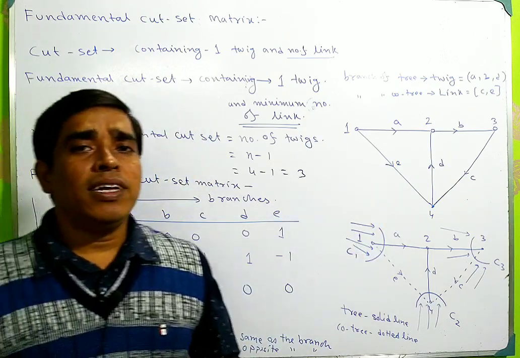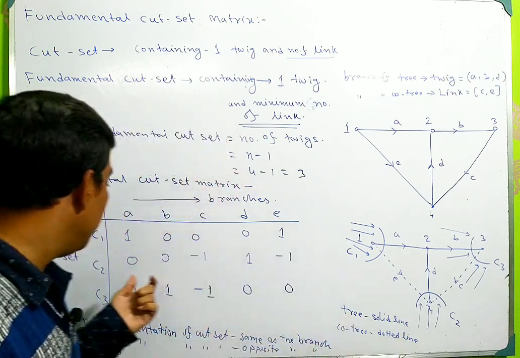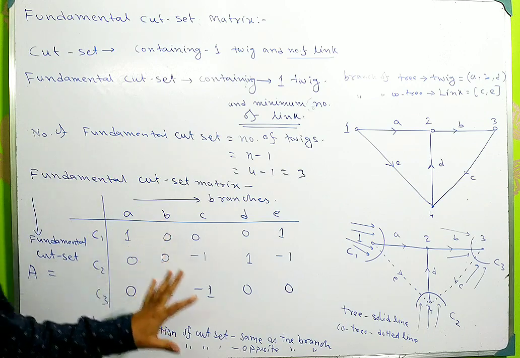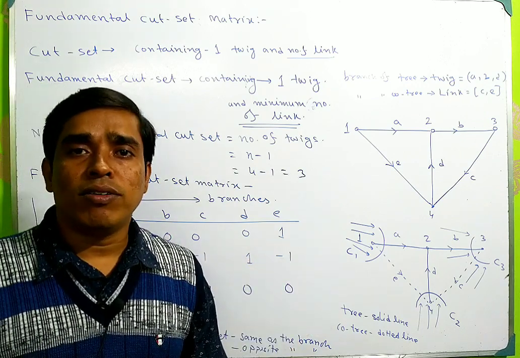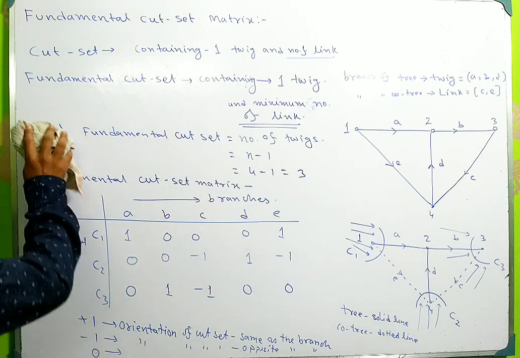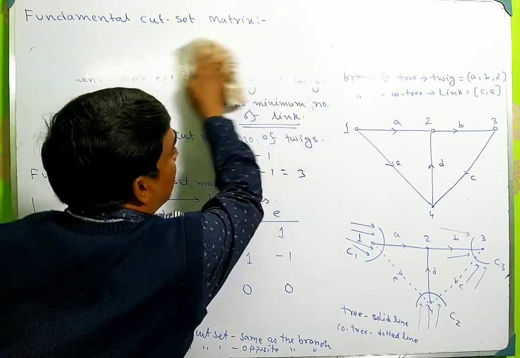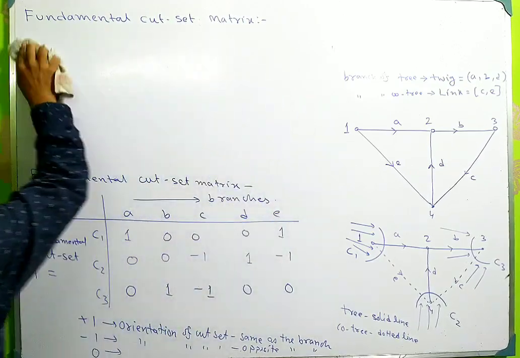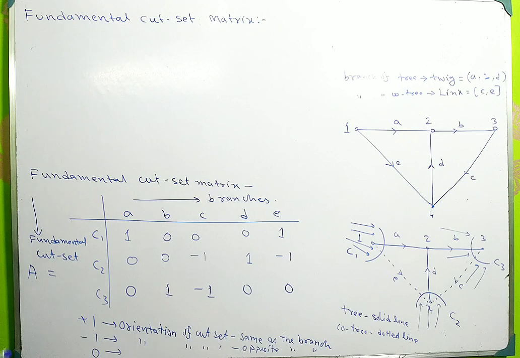Now what is the importance of this fundamental cut set matrix? From this fundamental cut set matrix we develop the Kirchhoff current law. So what is the Kirchhoff current law?